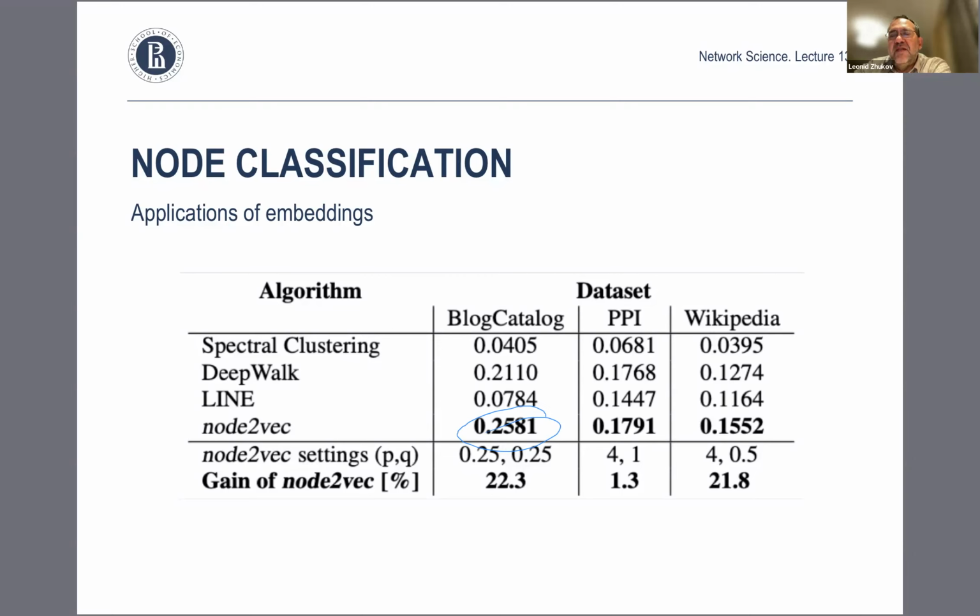So there is a significant gain with node2vec. The authors didn't test this against a deep learning algorithm, but node2vec is actually much better than spectral clustering, for example, which is quite surprising, but that's what you see. So you run node2vec to do embeddings, and then you run a simple classification algorithm for classification purposes.